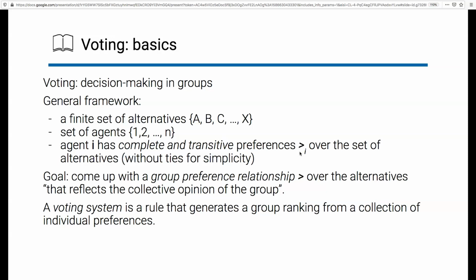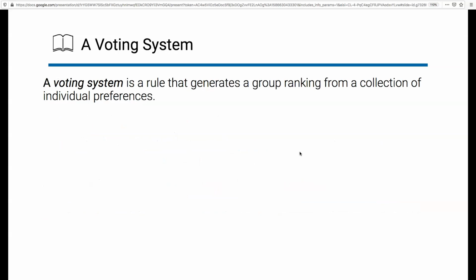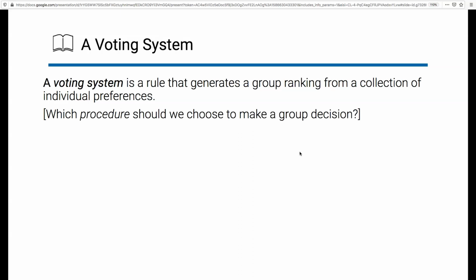So let's focus on properties of voting systems. If we deal with voting systems, the best thing to think about is which procedure should we choose to make a particular group decision. Like, for instance, imagine a situation when you and your friends share a car and you need to decide which restaurant to go out to have lunch to.